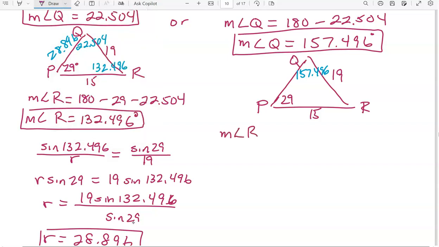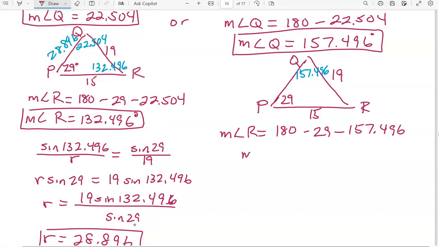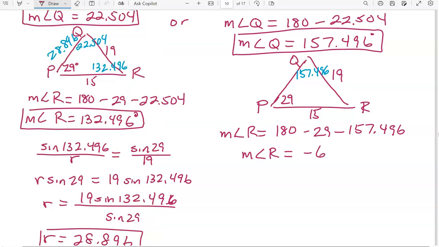So measure of angle R would be 180 minus the 29 degrees minus the 157.496. Let's do that calculation. 180 minus 29 minus, and I'm going to use the answer feature, or I'm going to grab that from a previous calculation on the screen. And lo and behold, measure of angle R is equal to negative 6.496.